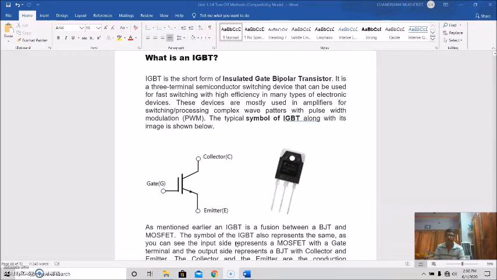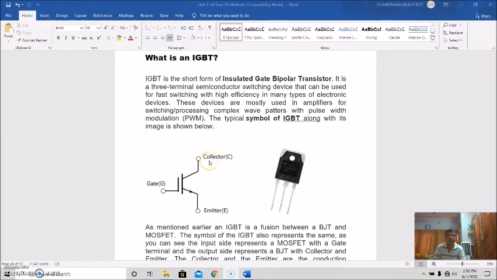Now, to the point of what an IGBT is. It's the short form of insulated gate bipolar transistor. It's a three-terminal switching device that can be used for fast switching with high efficiency in many types of electronic devices.